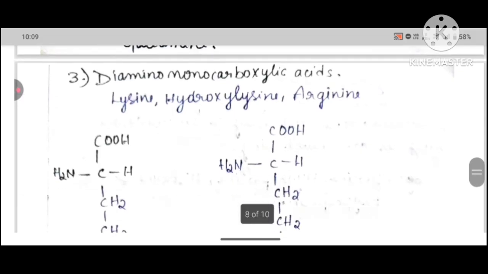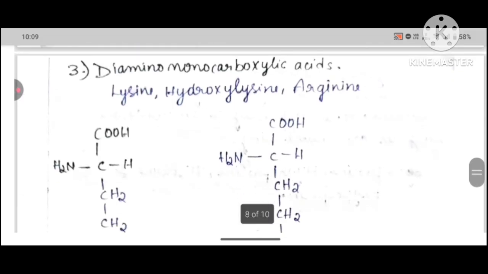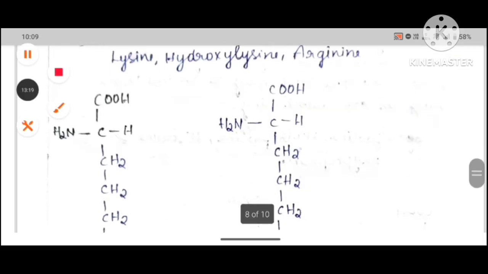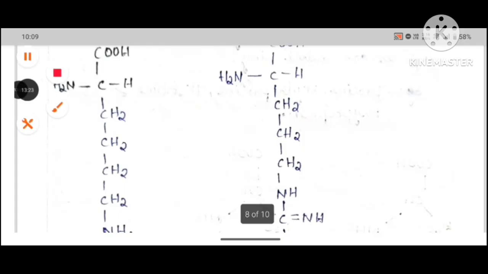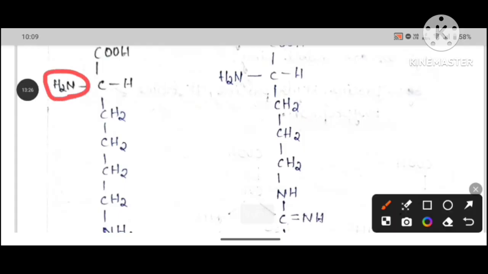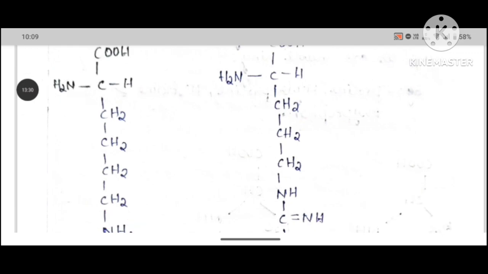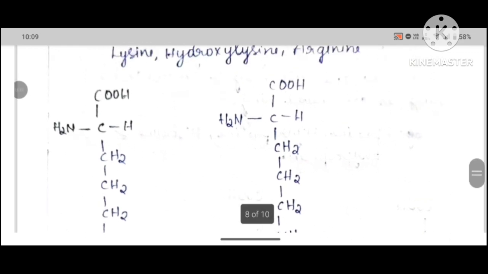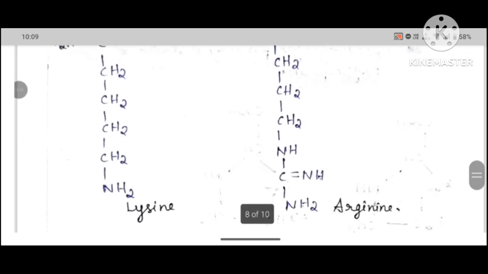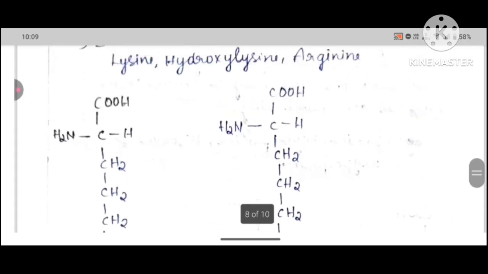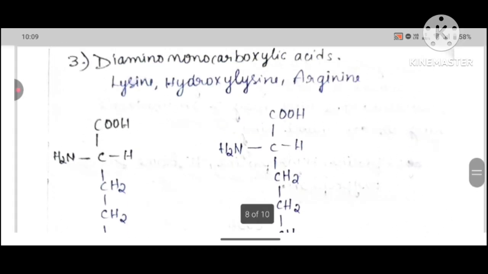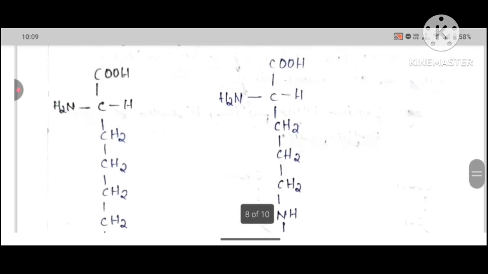The third category of amino acids is diamino monocarboxylic acids, having two amino groups and one carboxylic group in this structure. The examples will be lysine and arginine. These kinds of amino acids are known as diamino monocarboxylic acids.